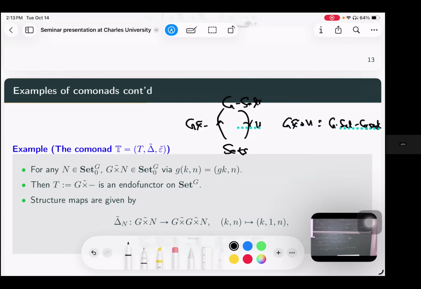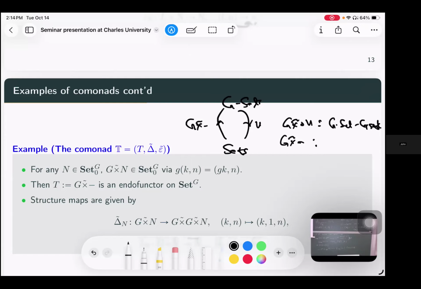So this is an endofunctor, and what does it do? Usually we'll just write this as a dash, because U takes in a G-set, forgets the action, and gives us back only the set.